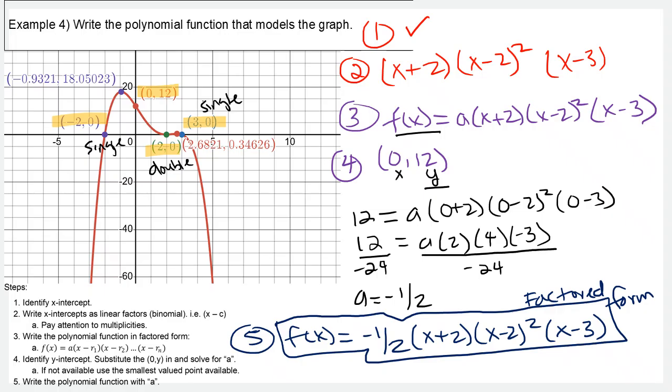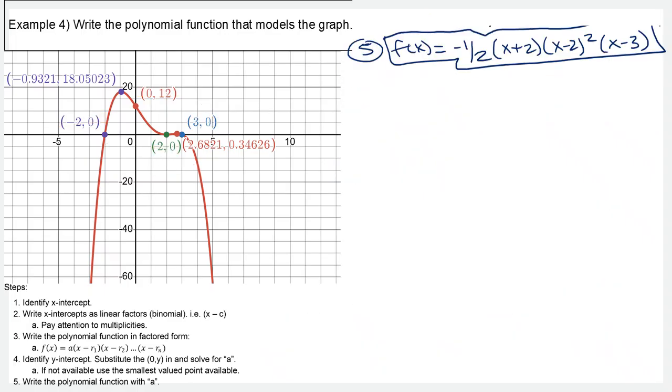And that is it. Okay, so as I was saying, this is our factored form, and if it wants it in standard general form, then you're going to have to FOIL and/or distribute. Personally, I wouldn't worry about the half until the end. So we're going to worry about the fact that these are our factors.